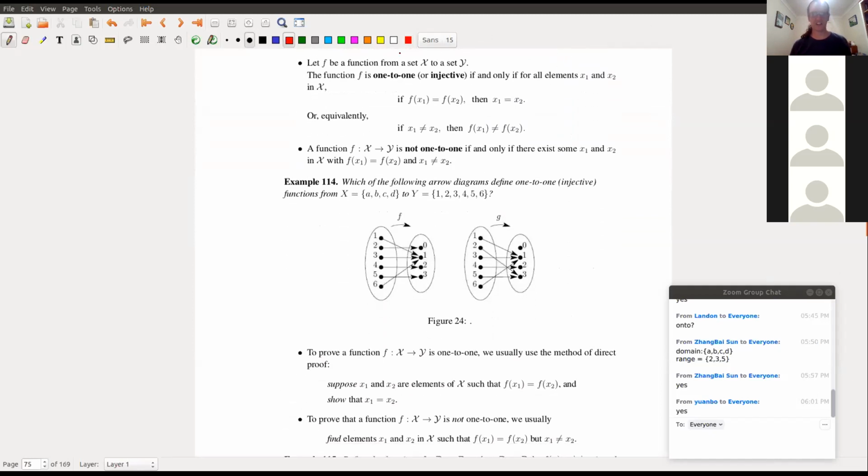Okay, so let f be a function from set x to set y. The function f is one-to-one, or injective, if and only if, as we talked about last time, for all elements x1, x2 in the domain, if f of x1 equals f of x2, then x1 equals x2. So that's the definition.